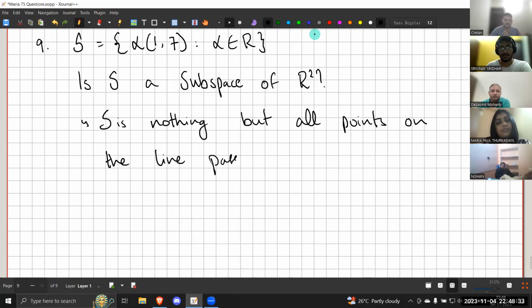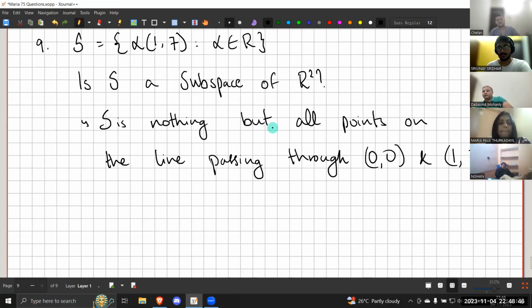If we put alpha equal to 0, it will give me the origin, and if I put alpha equal to some nonzero scalar, it will give me all the possible multiples of the vector (1, 7). Additionally, if I take any two vectors on this line and add them, I will get a resultant vector that lies on the same line. So we can call it a subspace.